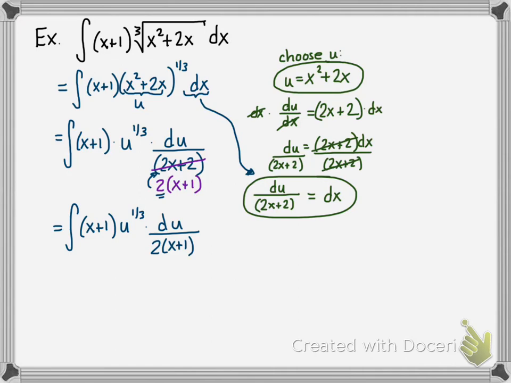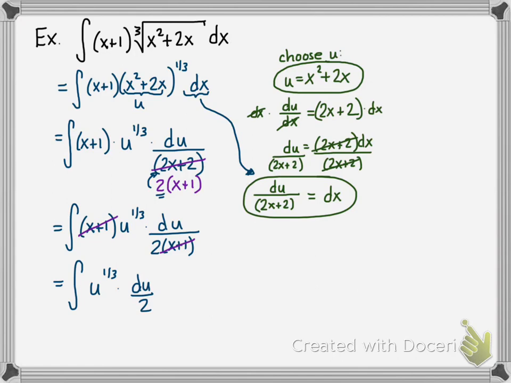This is cool because now I have an x plus 1 in the denominator and an x plus 1 in the numerator. And so those guys actually cancel, and what that leaves me with is the integral of u to the 1/3 times du over 2.